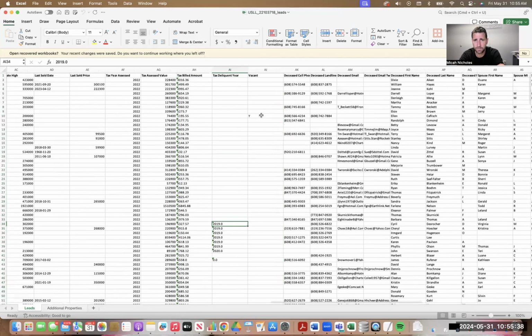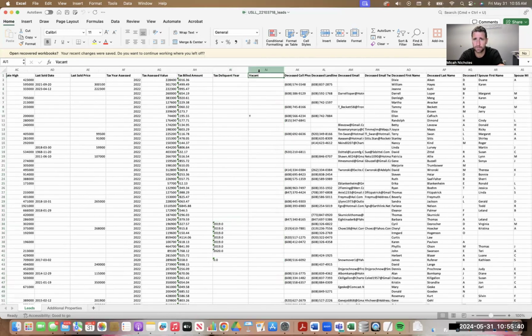I want to focus a little more time on the vacancy indicator over here. This isn't perfect. The first leg of my marketing is I mail, and I get a lot of return mail where USPS will actually say if someone's deceased there and or if it's vacant.